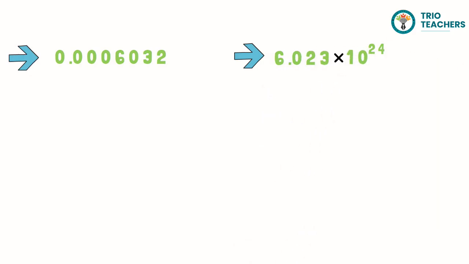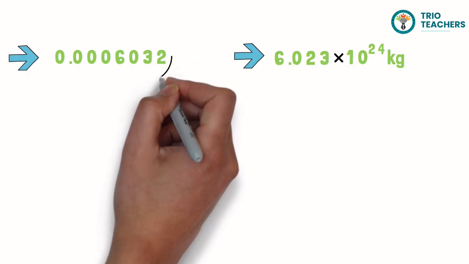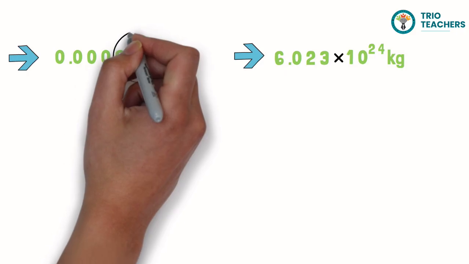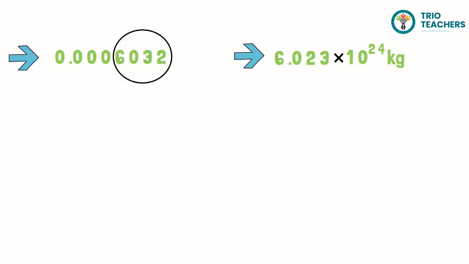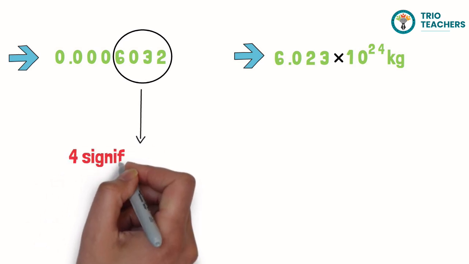In this case, we know this zero cannot be counted as a significant figure, and this zero again cannot be counted, and this zero again cannot be counted, so these four are eliminated. So what remains? 632, because we know zero between non-zero digits can be counted as a significant figure. So here in this case we have four significant figures.